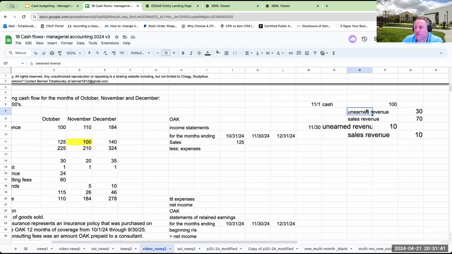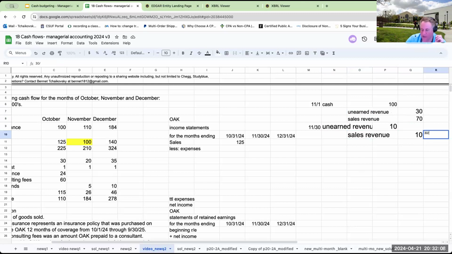However, when it comes to this unearned revenue, it's not the same thing as sales. I've received it in advance. I can only recognize the revenue once I've performed the services. So I would record it here as unearned revenue, and then down over here, I'd be recording this. I have to recognize 1 month of it as sales revenue. Why is it 10?